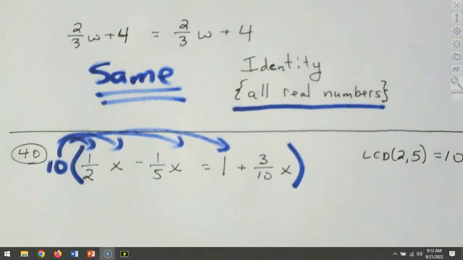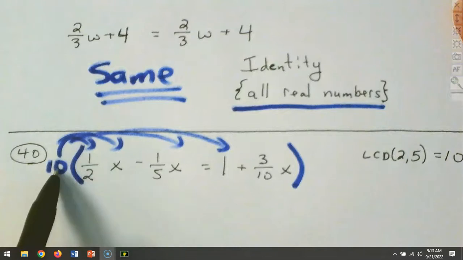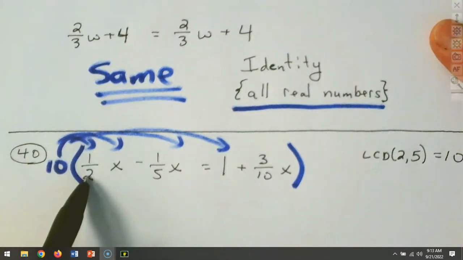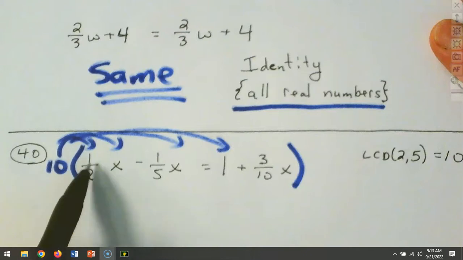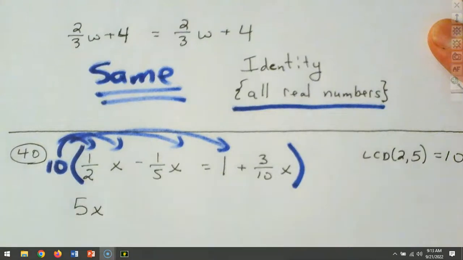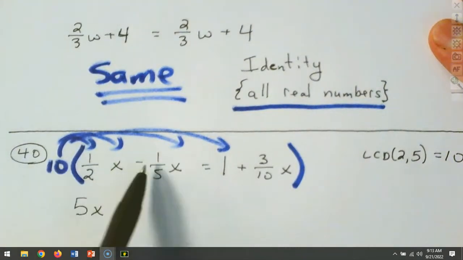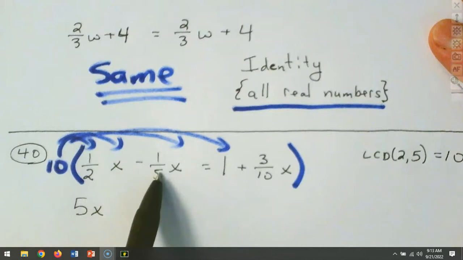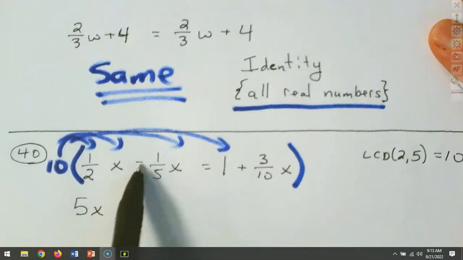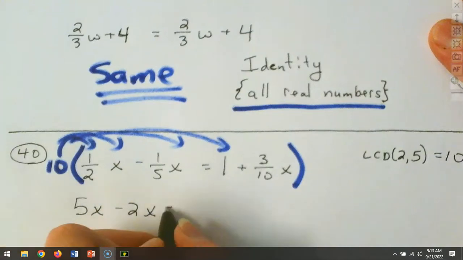So I'm going to go through each one individually, divide by the number down below, multiply by what's on top. So 10 divided by 2, well, that is a 5. 5 times 1x makes it a 5x. 10 divided by 5, that's a 2, times a negative 1 makes it a minus 2x there.